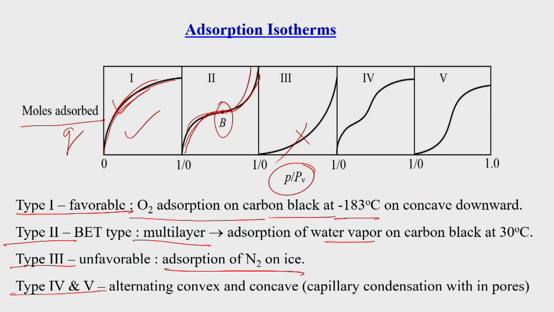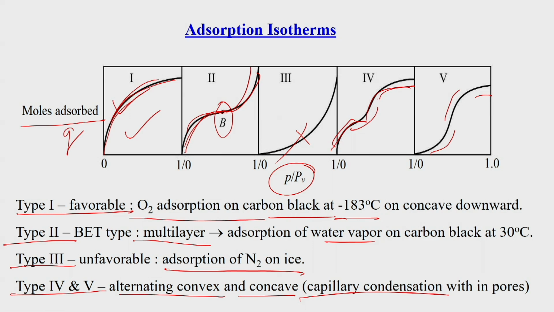And types 4 and 5 have alternating convex and concave shapes, like concave, convex, concave, with capillary condensation within the pores.